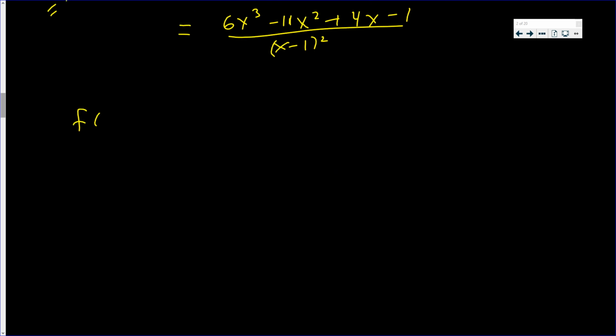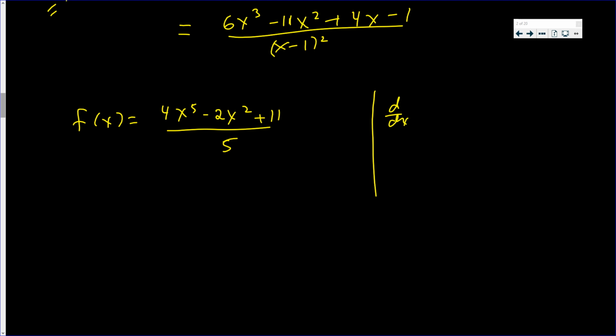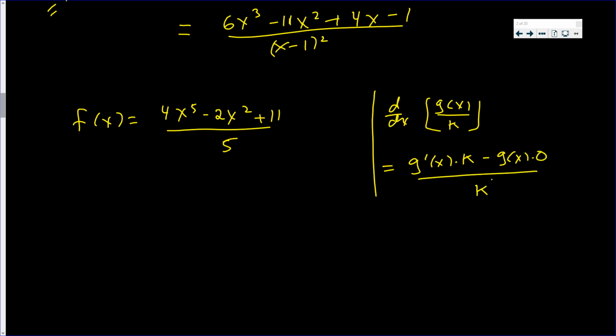Suppose you have f of x, and it is equal to 4x to the 5th minus 2x squared plus 11 over 5. You do not want to use the quotient rule, because if you take the derivative of g of x over a constant using the quotient rule, well, it's the derivative of the top times the bottom minus the top times the derivative of the bottom, which is 0, all over the bottom squared.